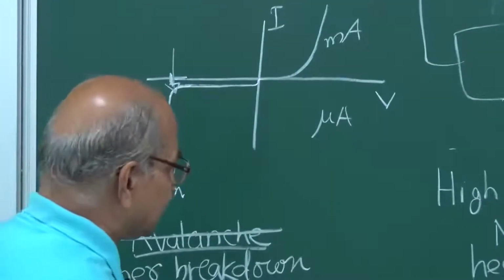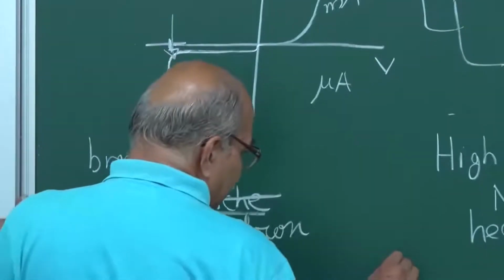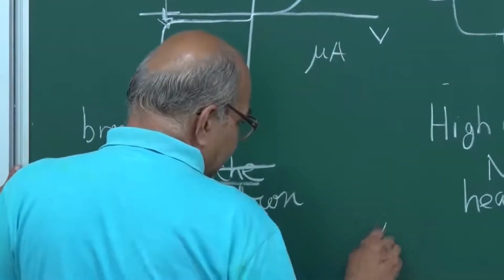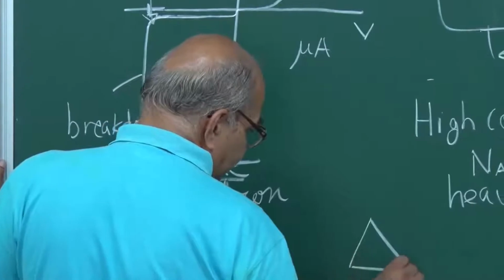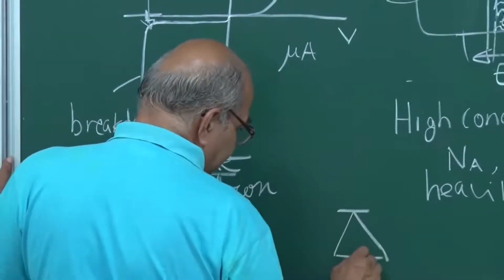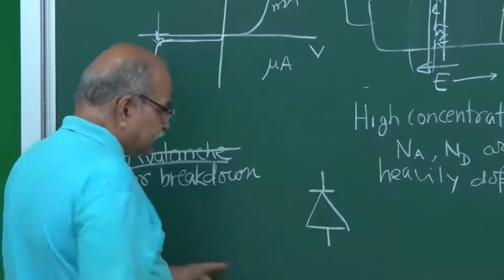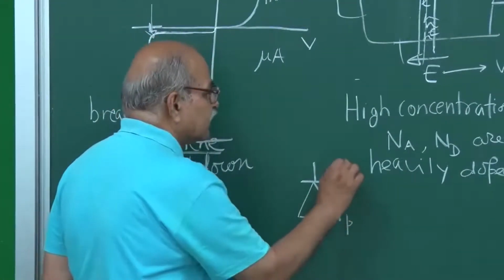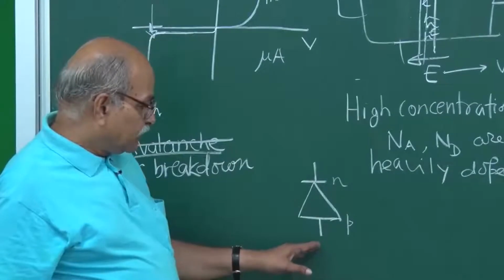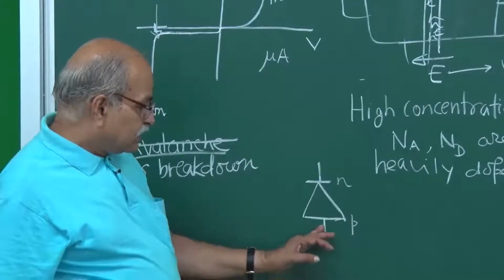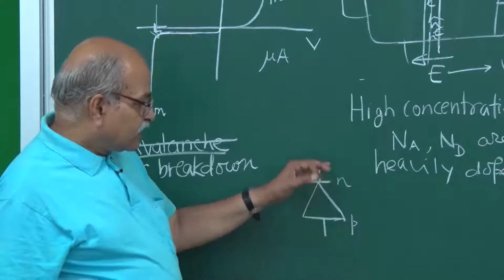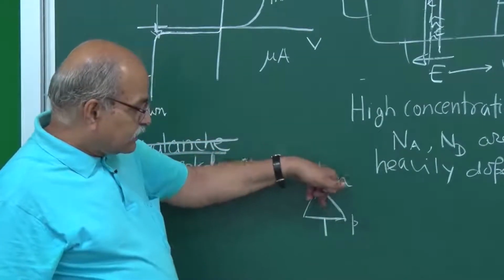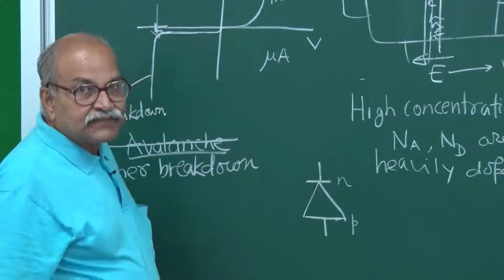There is a symbol for that, separate symbol. Our usual diode, when we write, we draw a triangle and then we put a line here. So this denotes your P side, this denotes your N side, and if the current goes in this direction, that is the forward biased current. If the current goes in this direction, that is the reverse bias current. Okay.